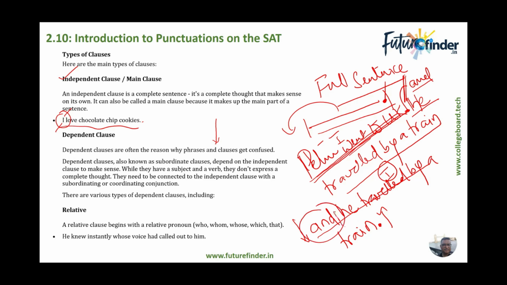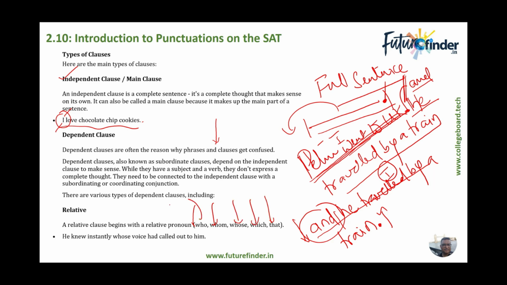Once we have used an "and" before "he," it ceases to become an independent clause and is transformed into a dependent clause, a relative clause. A relative clause is nothing but wherein we have got a referencing to an independent clause. So a relative clause begins with a relative pronoun, generally who, whom, whose, which, that.